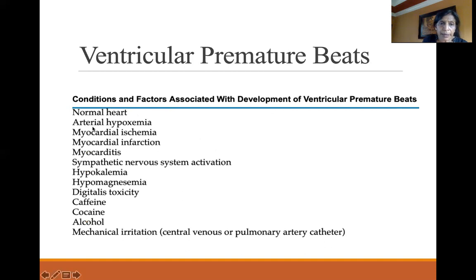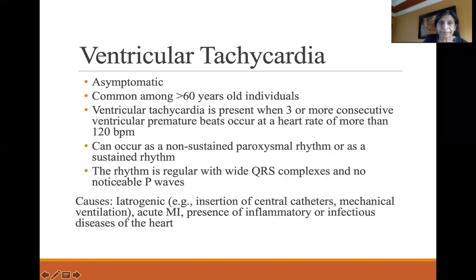Normal heart, arterial hypoxemia, myocardial ischemia, infarction, myocarditis, sympathetic activation, hypokalemia, hypomagnesemia, digitalis toxicity, caffeine, cocaine, alcohol, and mechanical irritation, like placement of a pulmonary artery catheter or a central venous catheter, could initiate these premature beats.